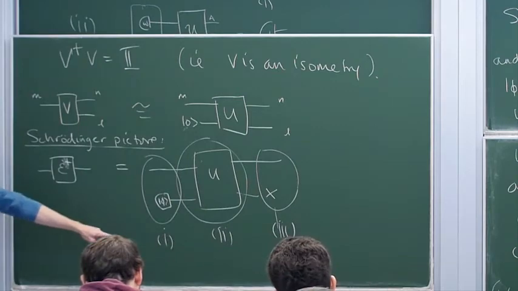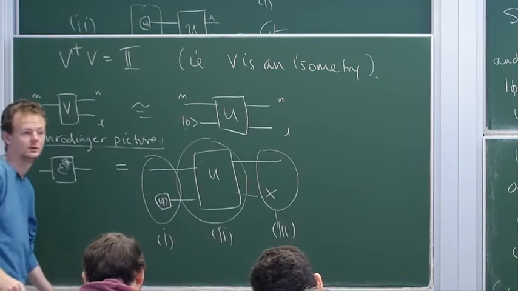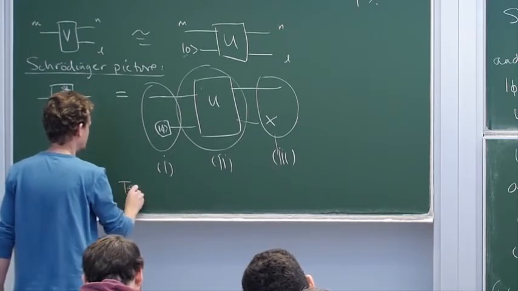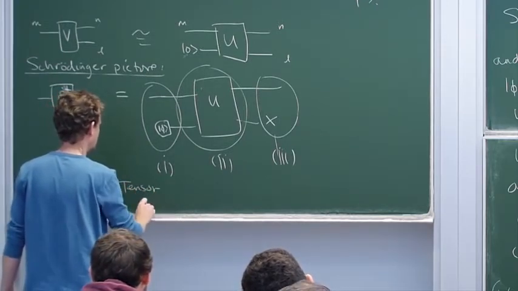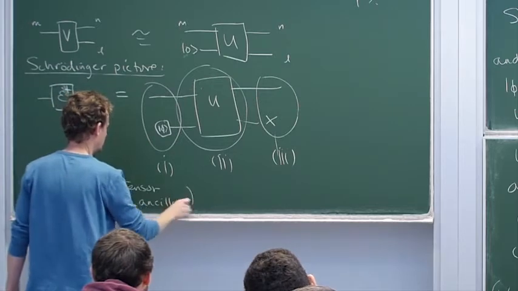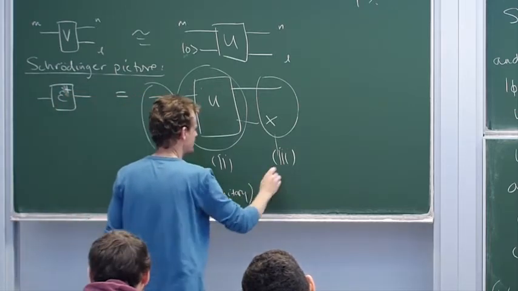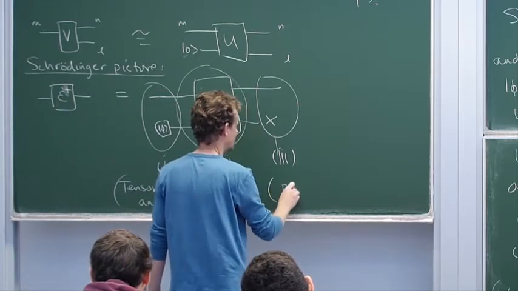And those are exactly the 3 allowed operations that we described. So this is tensor, ancilla, this is unitary, and this third step is reduction.